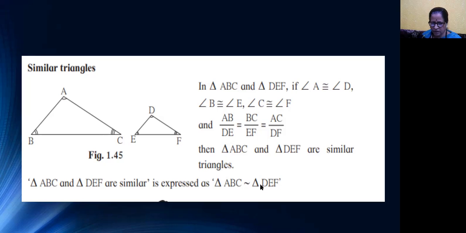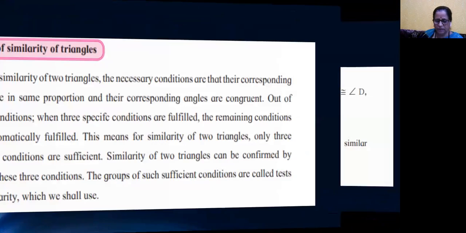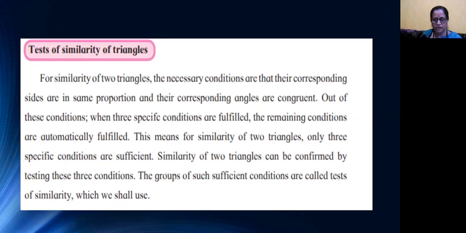Here, to get similar triangles, the three corresponding sides must be in proportion and the three angles must be congruent.